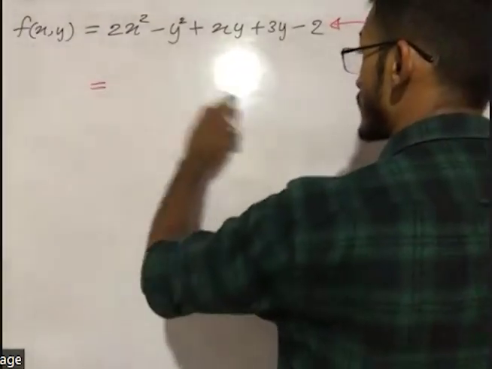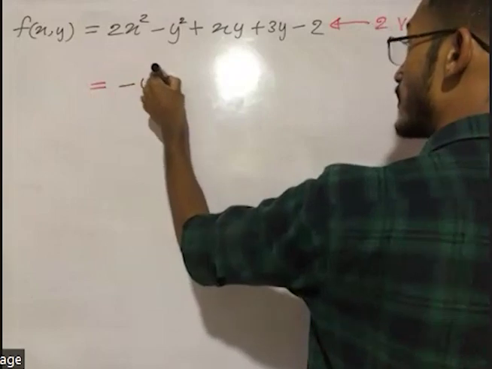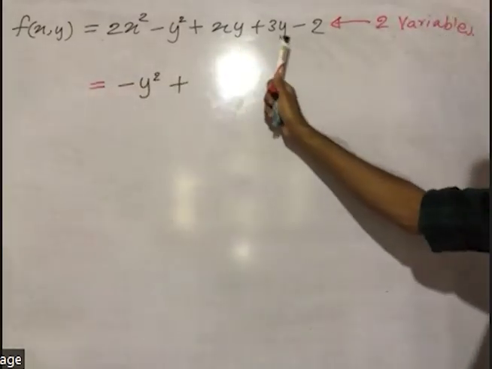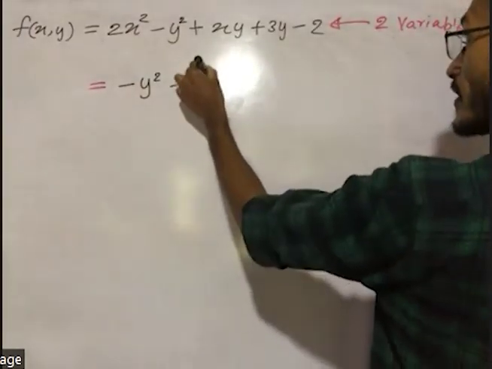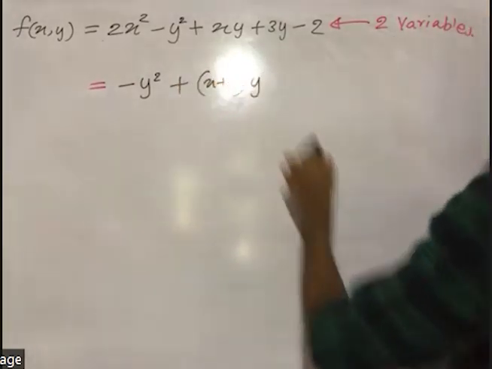Then you can easily write this as a quadratic function of y. So I will write −y² plus, here we have y, here also we have y, so if you take out y, we have (x + 3)y.